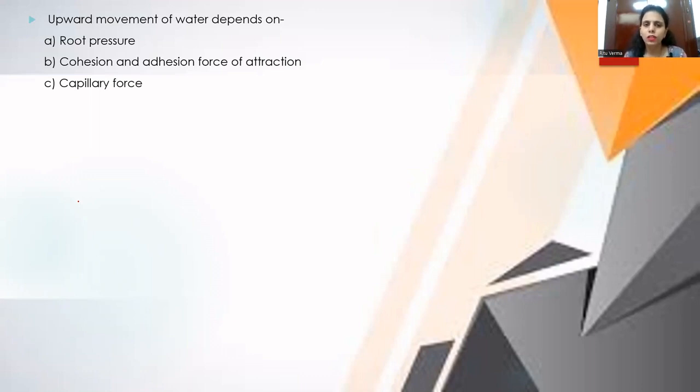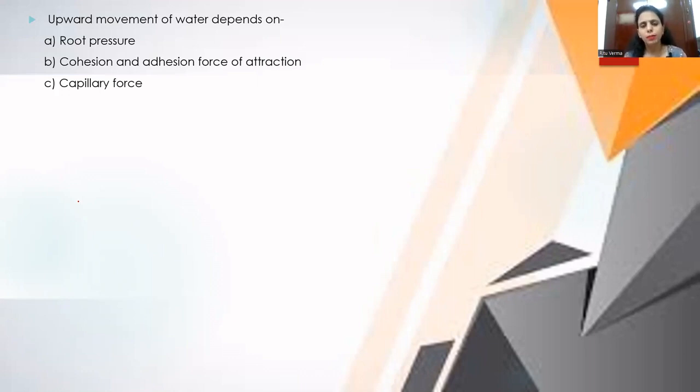The excess water is present in the form of a thin film around these cells, and they provide a large surface area for evaporation. So this water gets evaporated and stored temporarily in air spaces, and the moment the stomata open up, the water vapors diffuse outside.